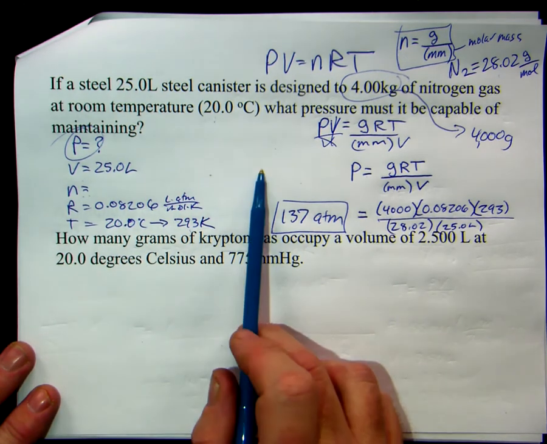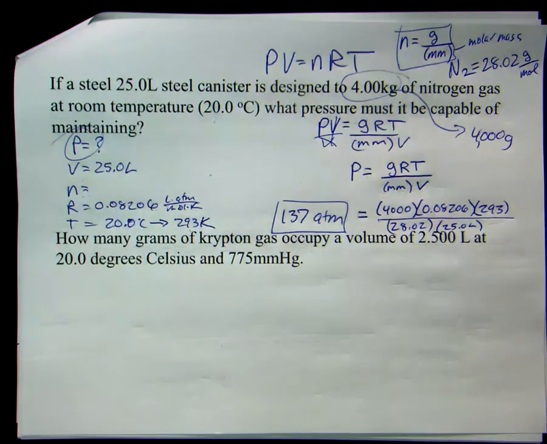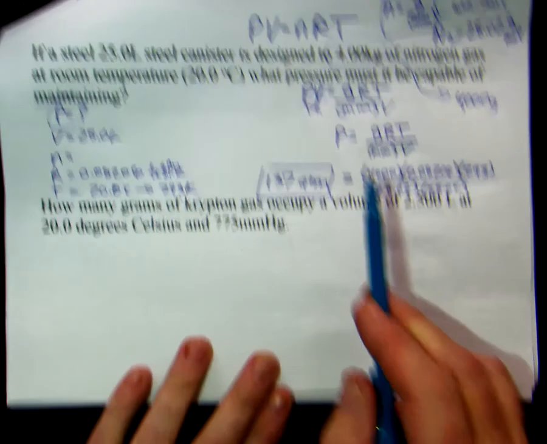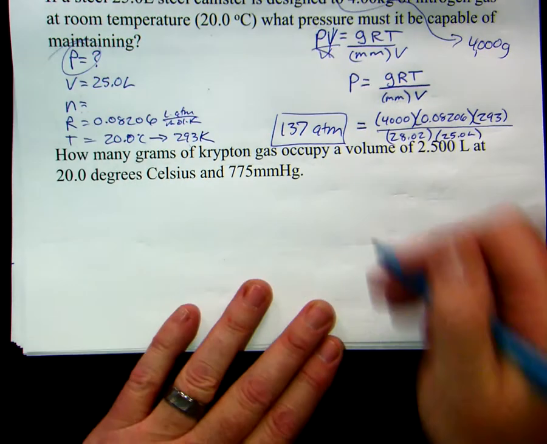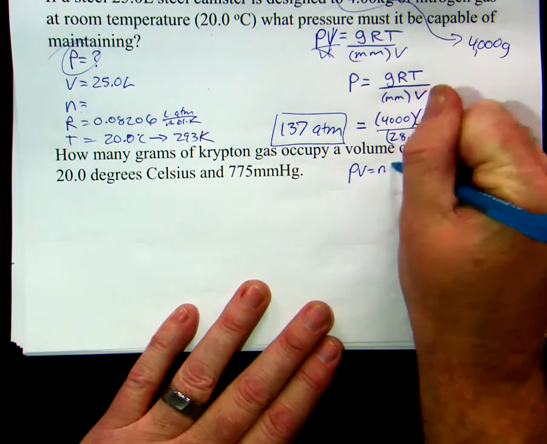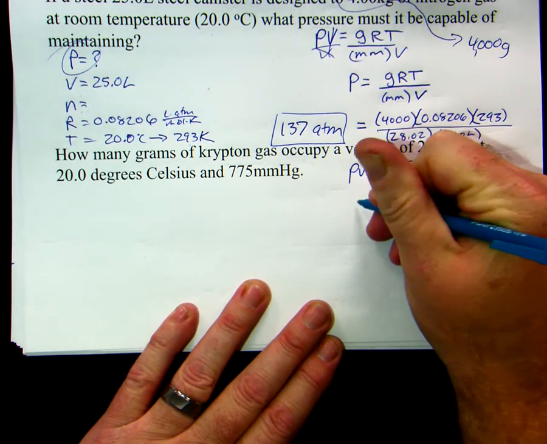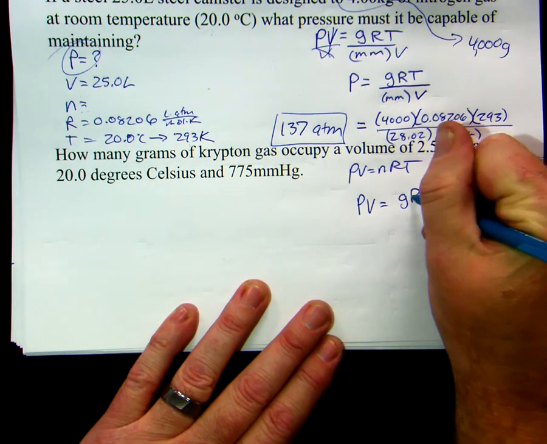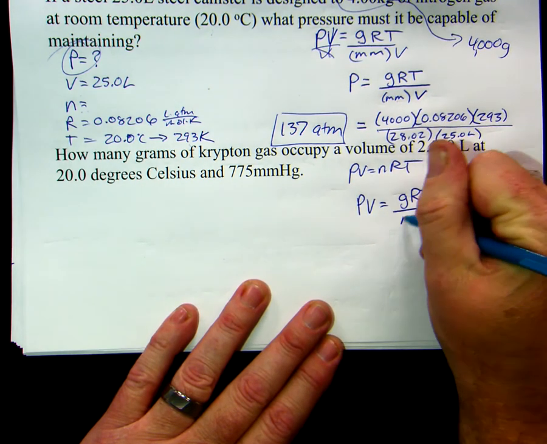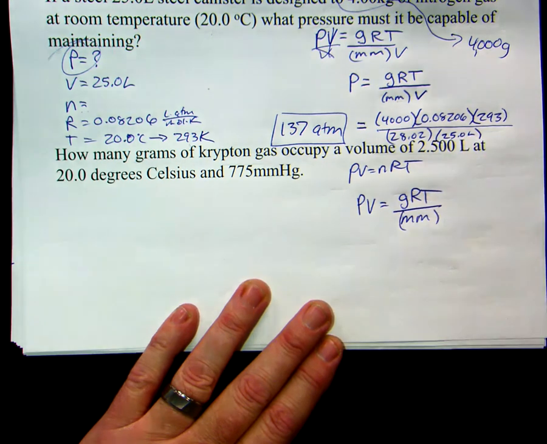So any questions about this? We're about to do the same thing on the next problem. So let's take a look again at my derived equation. We had PV equals nRT, and then I changed that to PV equals gRT over molar mass.